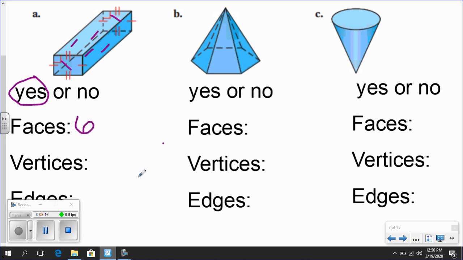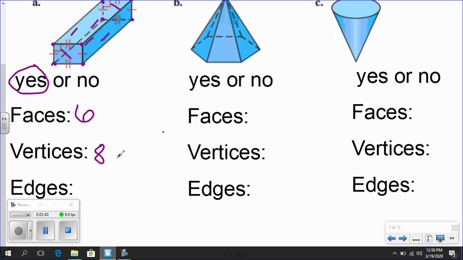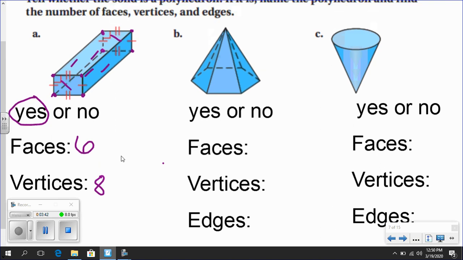How many vertices? Well, we're going to count here. Here's a vertex, a corner, 1, 2, 3, 4, and then in the back, 5, 6, 7, and 8. So 8 vertices. Edges, remember edges just connect the vertices.